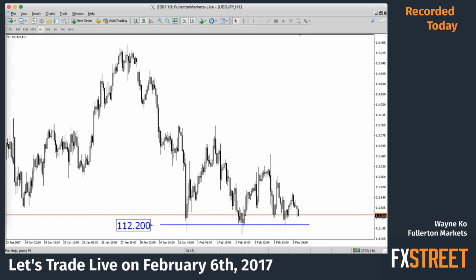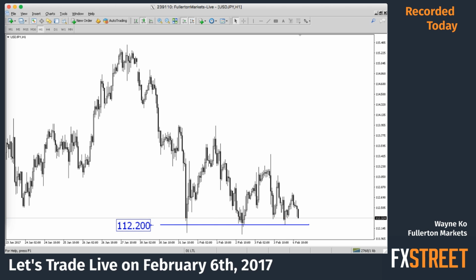We know that in a tug of war, whoever is stronger will win, but in this situation, it's like a tug of war where both teams are trying to lose. So it is quite an interesting situation to see.